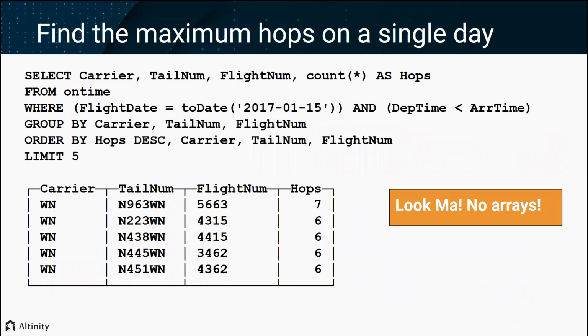The first thing we want to do is start easy and figure out, for a given airplane, and that tail num field is the tail number of the airplane, so that's an identifier, what's the maximum number of hops that we can find in a single day? Here's a query that gets that.